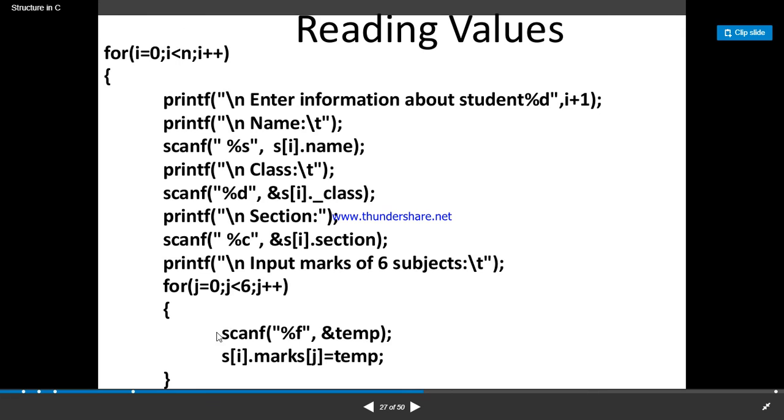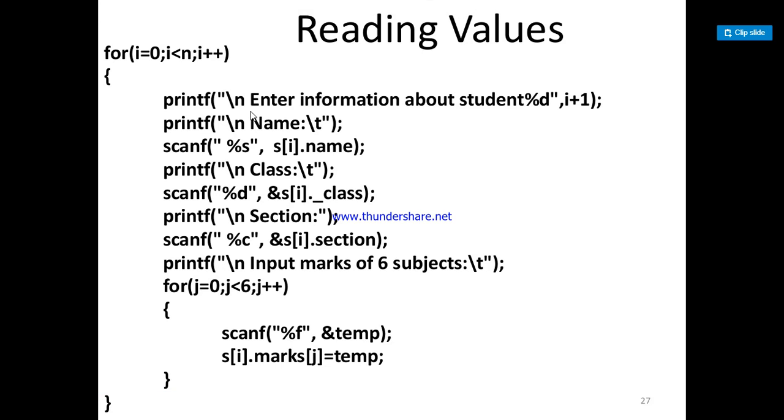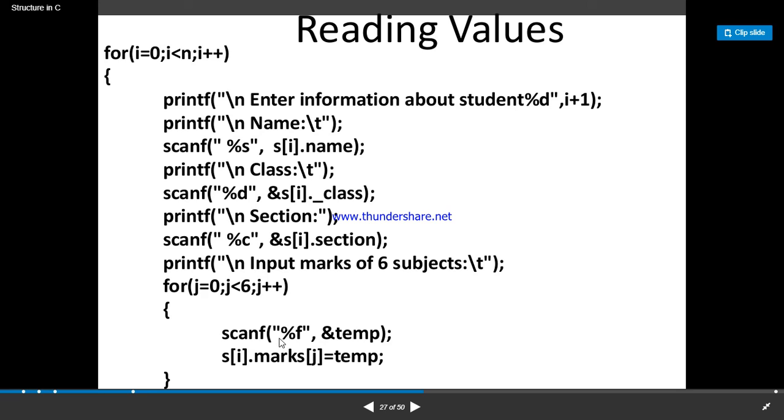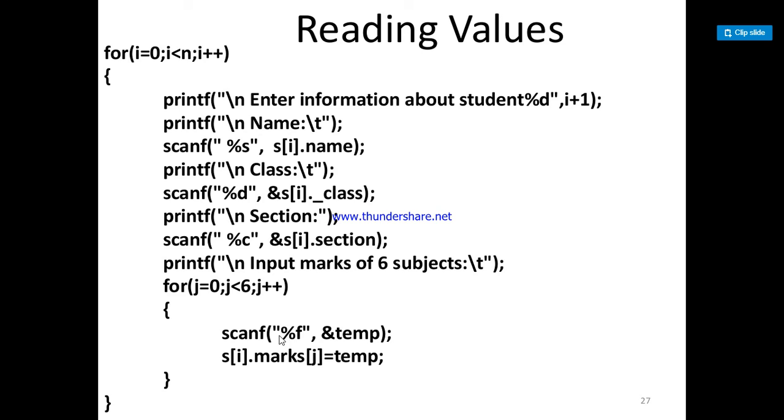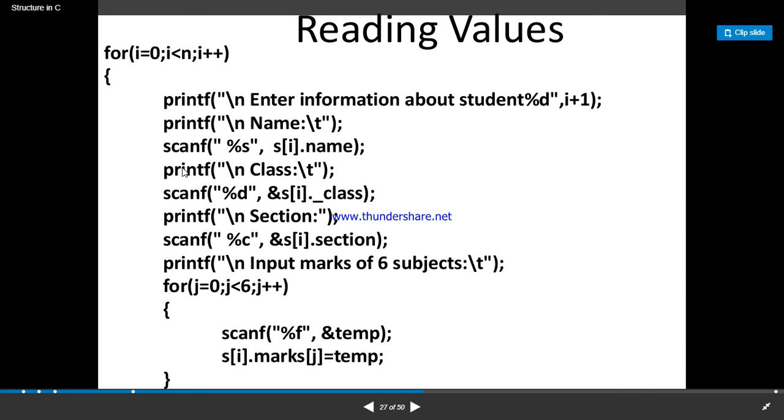After getting the 6 marks, it goes to the outer loop. Here i becomes 1 and it collects the information of the second student. For the second student, this loop also collects the 6 marks. And then at the end of the loop, it goes to collect the information of the third student, and this loop collects the 6 marks of the third student.